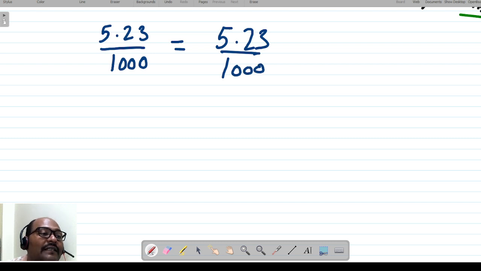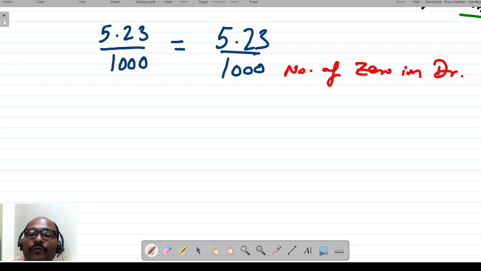The number of zeros in the denominator is 3.